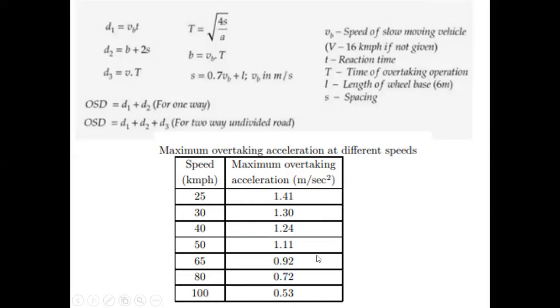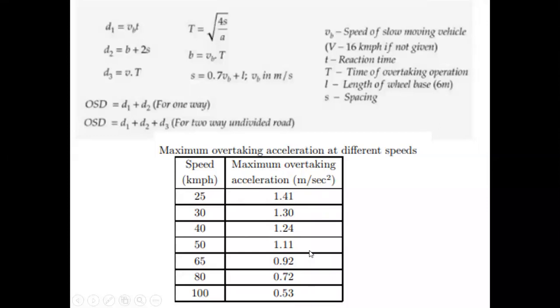Mostly the design speed they give in the question will be either 80 or 100, not below that. Maybe 65 is a very rare case. So you can just have an idea in which range the acceleration comes into picture, suppose they are not giving the data.